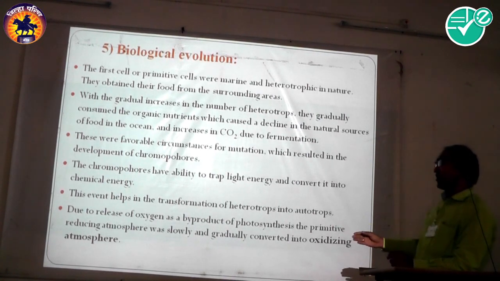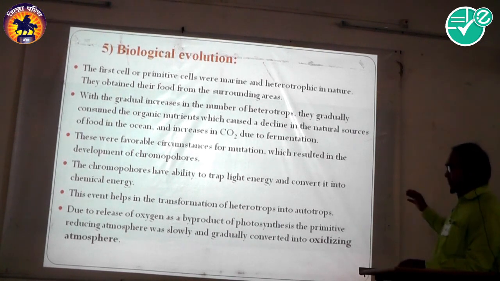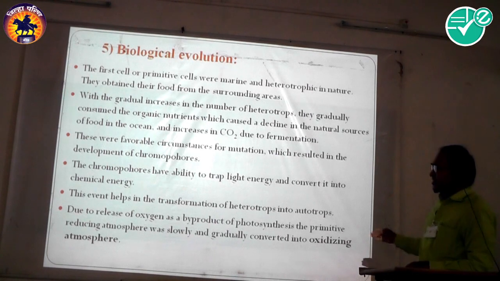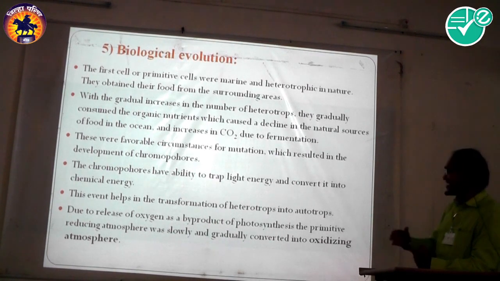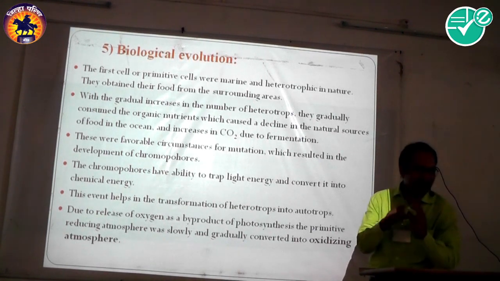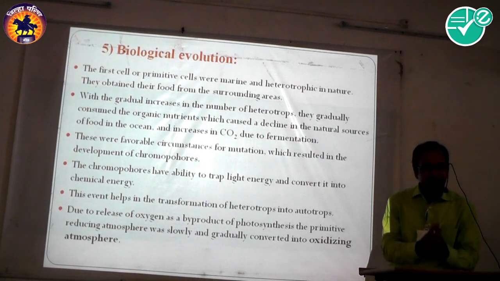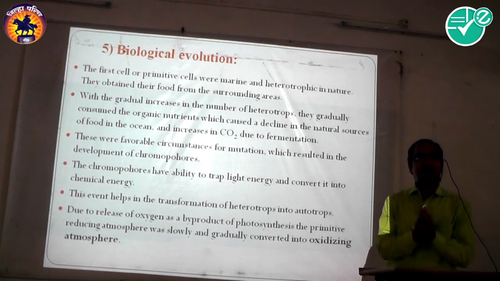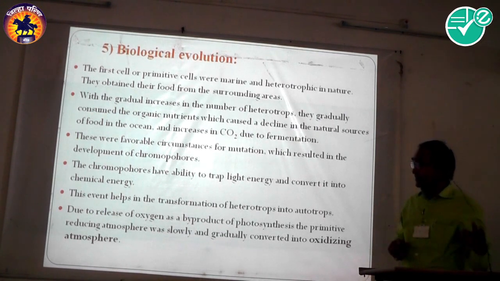So due to the release of oxygen as a byproduct of photosynthesis, the primitive reducing atmosphere was slowly and gradually converted into an oxidizing atmosphere. Now, on the earth, the atmosphere is oxidizing and not reducing.